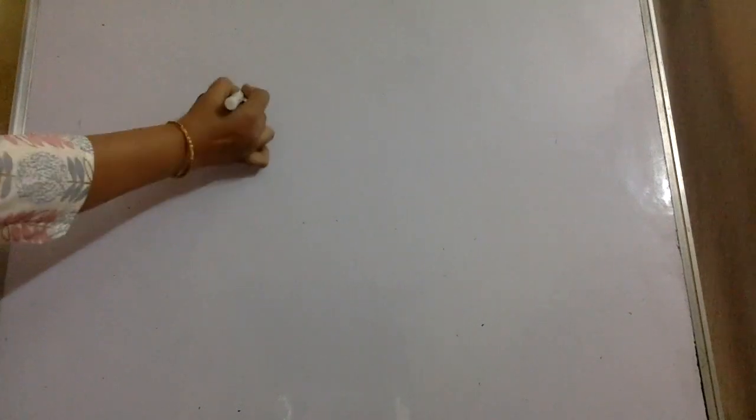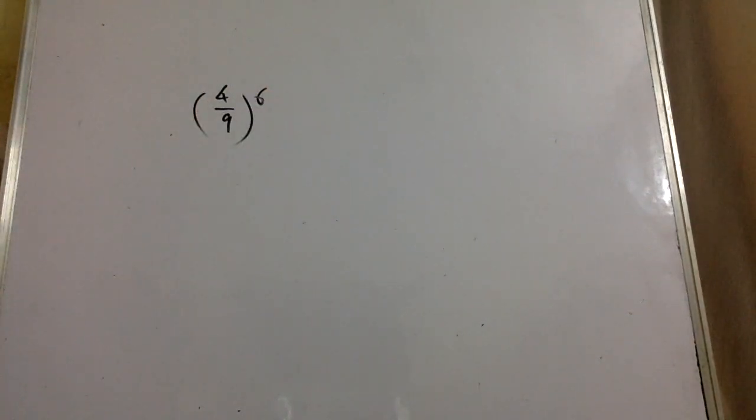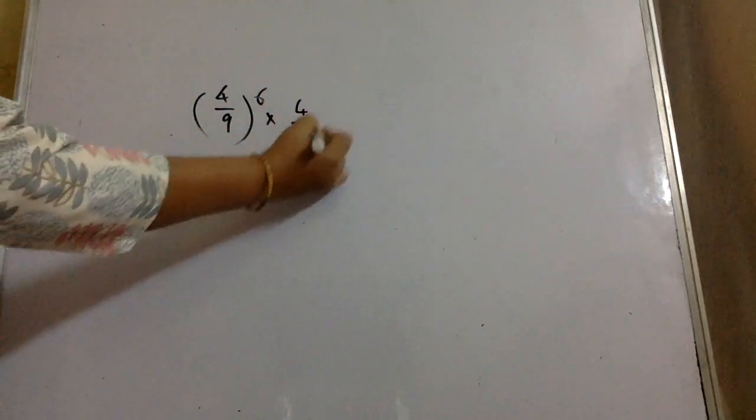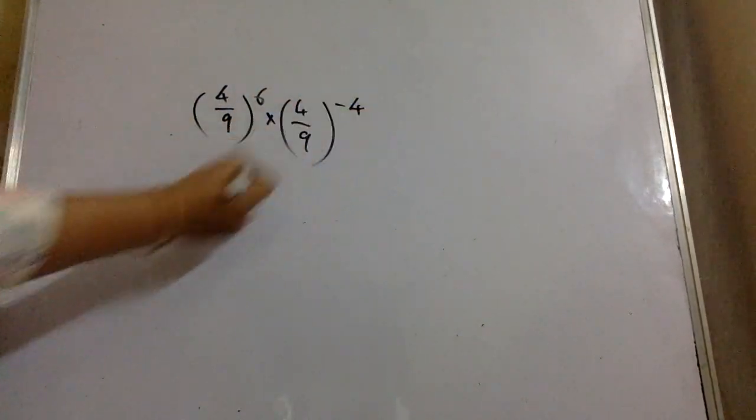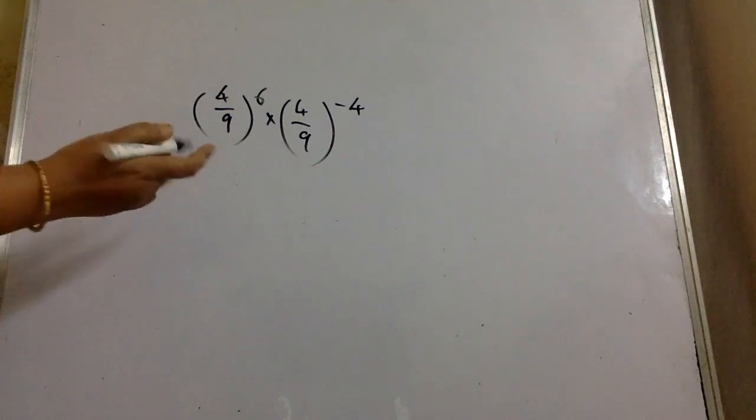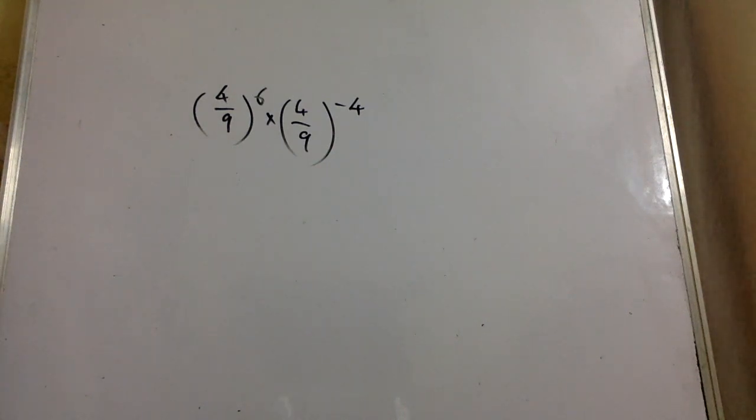So let's take up the first example now. (4/9)^6 into (4/9)^-4. Now you'll see how we'll be using the rules over here.